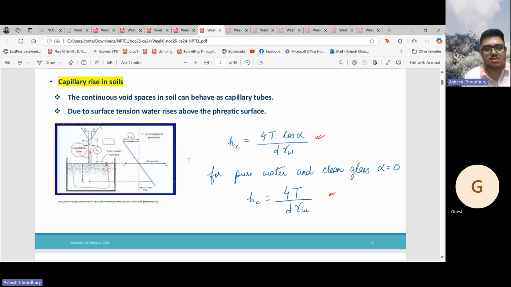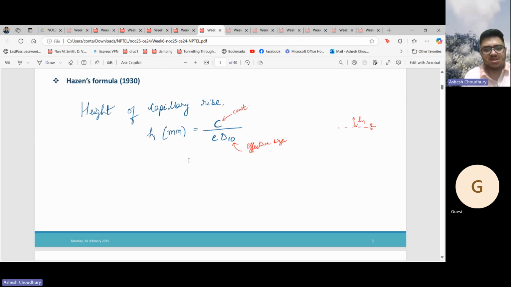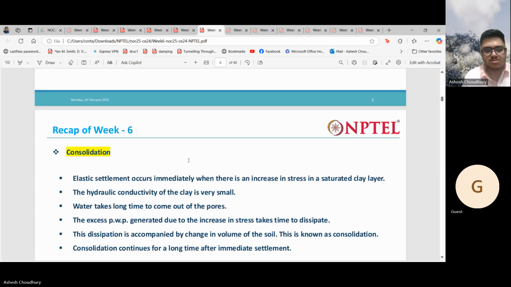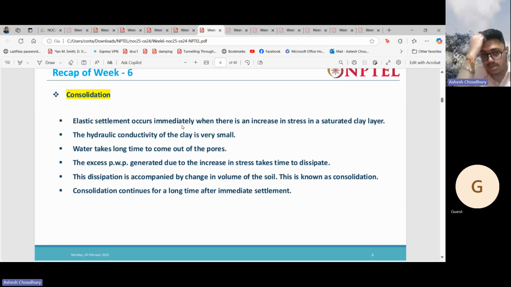Capillary rise, all these things we saw. These are very simple. Now we started consolidation. So what is consolidation? Consolidation is the change in volume of soil in a saturated soil mass when the effective stress increases.